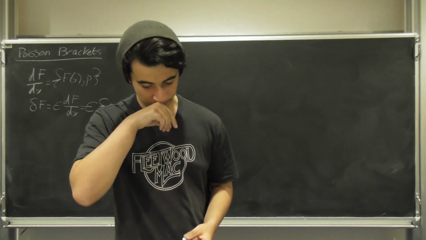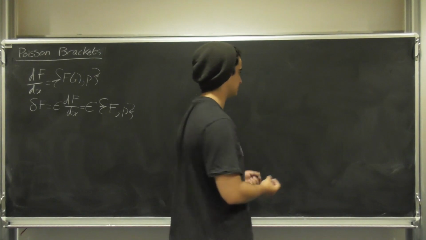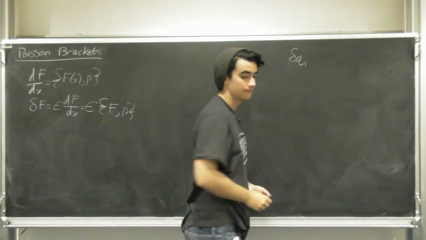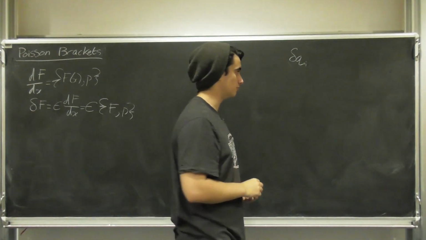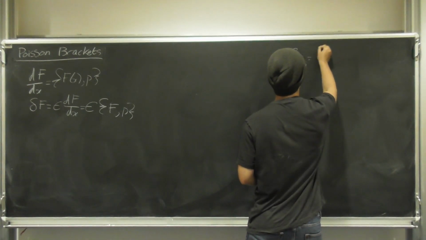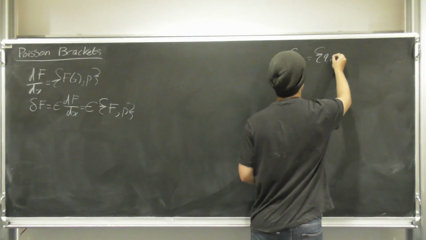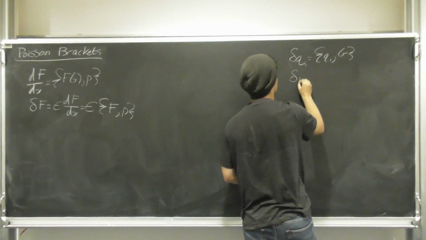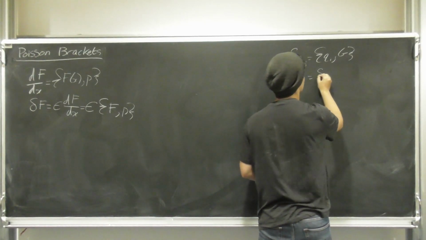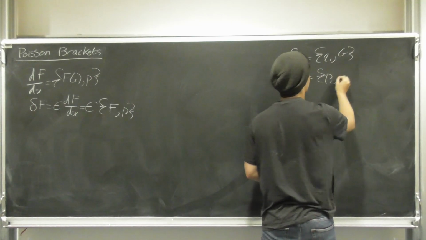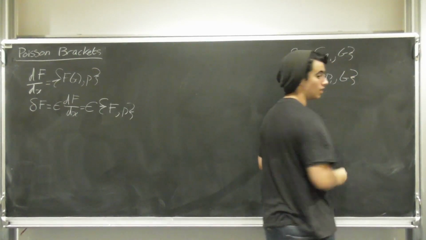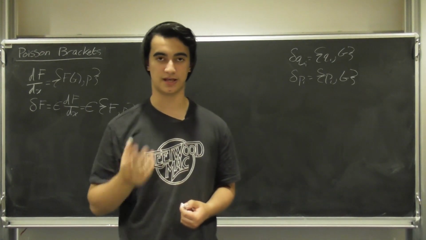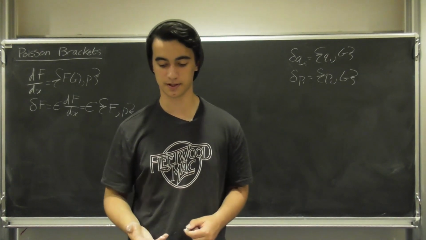So now we'll say that the change in some Q is equal to the Poisson bracket of Q sub i with G, and likewise the change in some P is equal to the Poisson bracket of P sub i with G. And this generates infinitesimal transformations in the phase space.